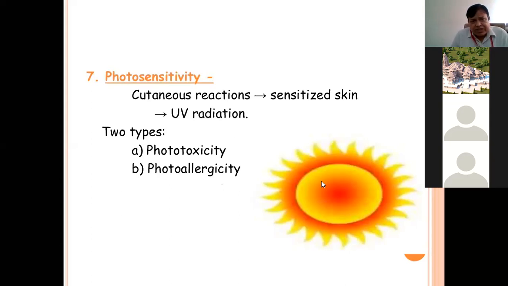Photosensitivity also causes adverse drug reaction, also called phototoxicity. It is a cutaneous reaction of sensitized skin to ultraviolet radiation. This is of two types, phototoxicity and photoallergy. This phototoxicity you can see in the next slide.